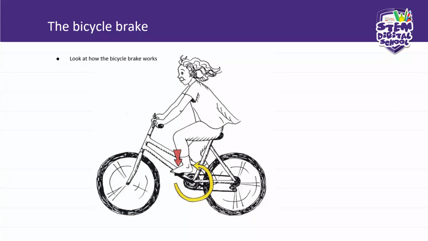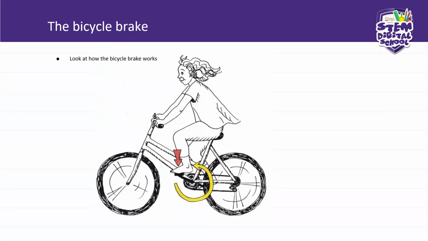Rotary motion causes rotary motion of the wheels. The pedal moves the gear, and then you have the wheel following that in a rotary motion.